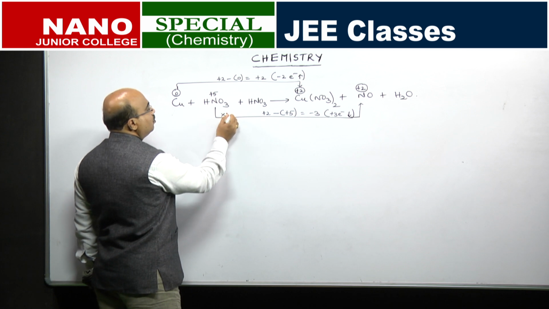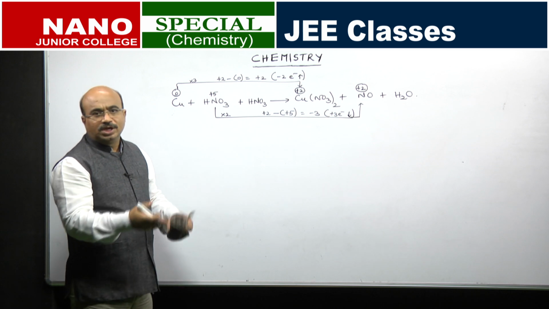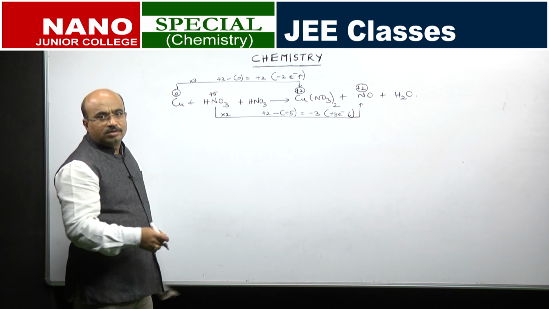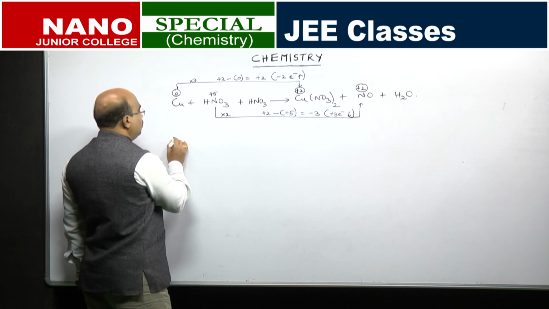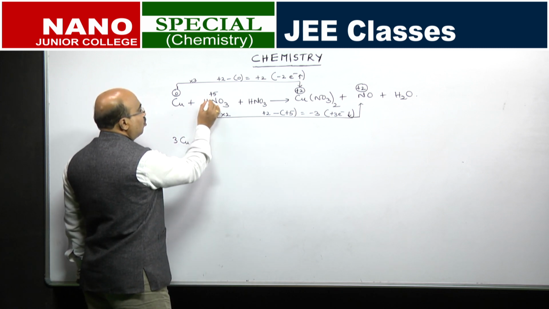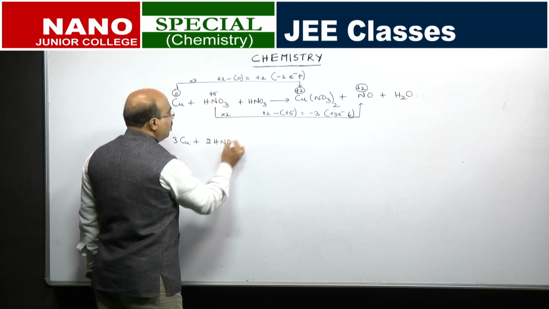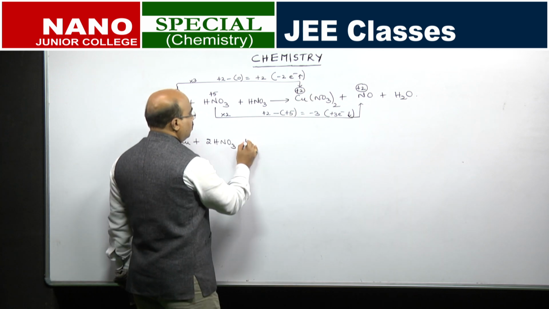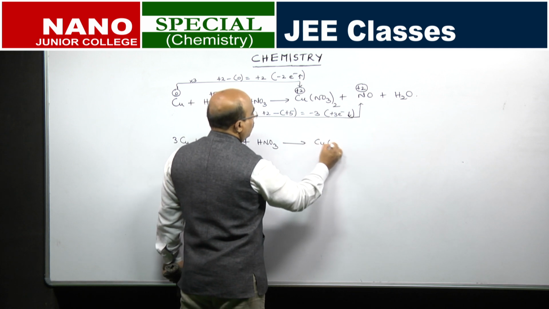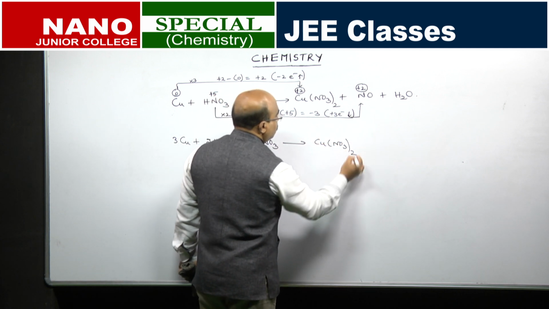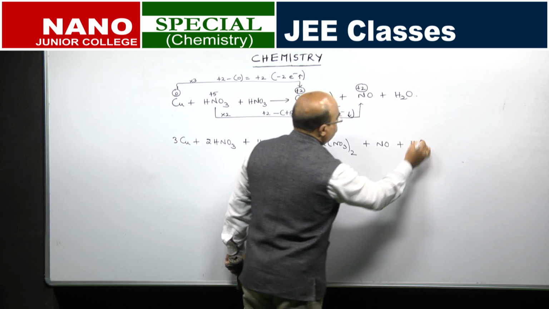Multiply this with 2, multiply this with 3, because 2 and 3 you can make equal only in that way as simple numbers. So, the coefficient of this has to be 3 Cu, and the coefficient of this has to be 2. Simultaneously you can give for the others also: HNO3, CuNO3, NO plus H2O.